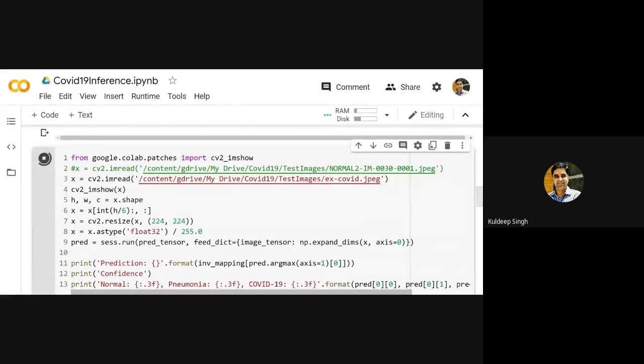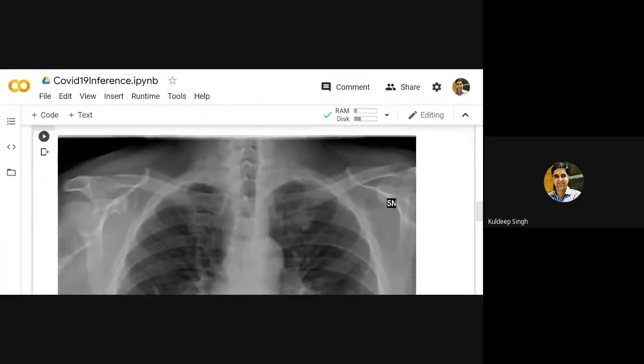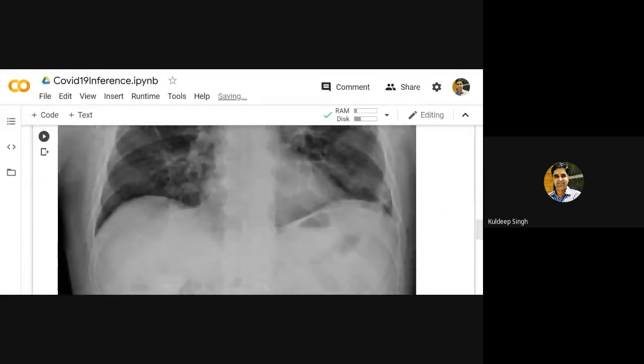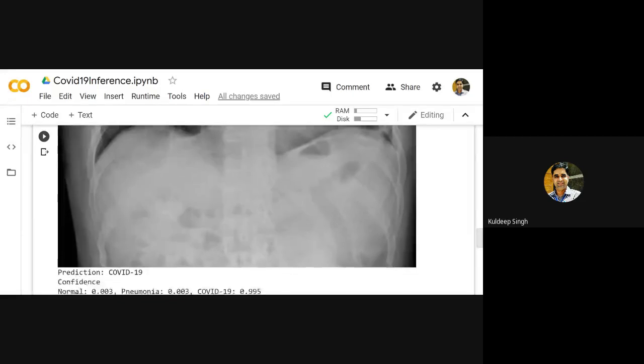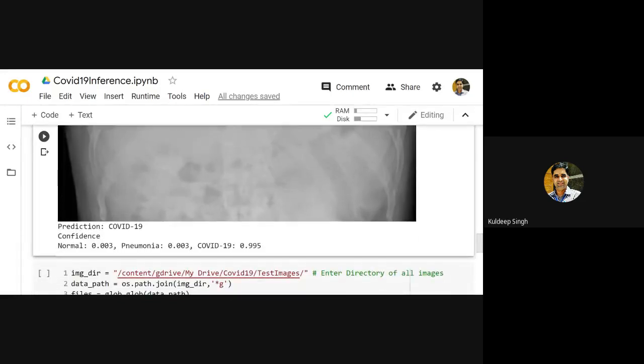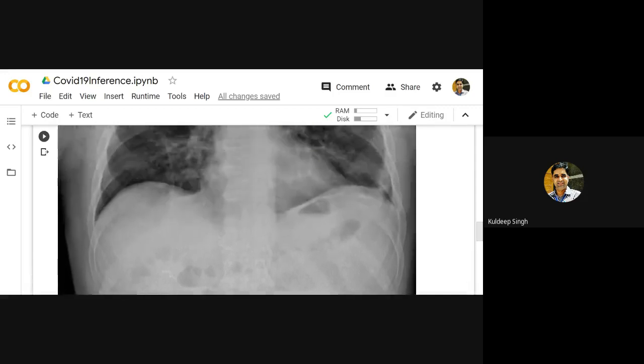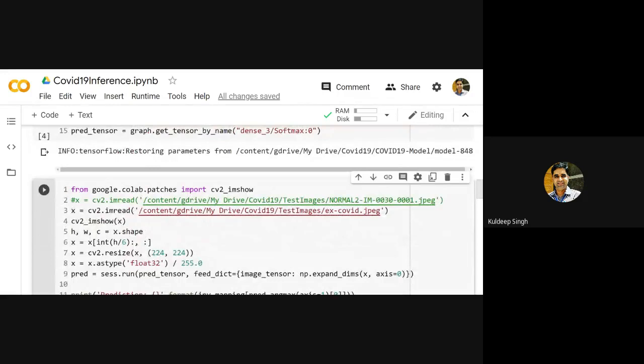Now it will detect COVID in this particular chest image. This is a different chest X-ray image from the earlier one. And the prediction is COVID-19. You can see that the score is highest here for the COVID-19 class, that is 0.995. Let's take another example of a normal one, comment this one, and let's run it.